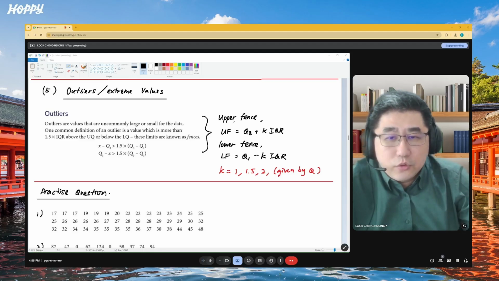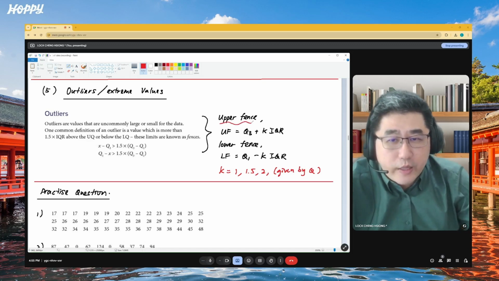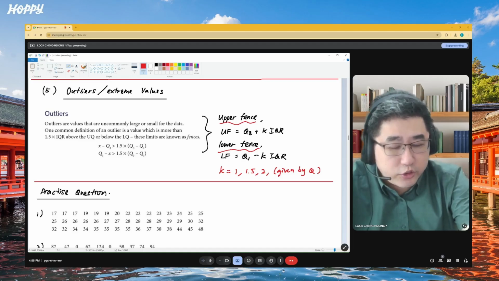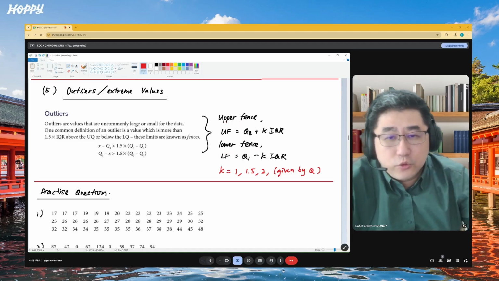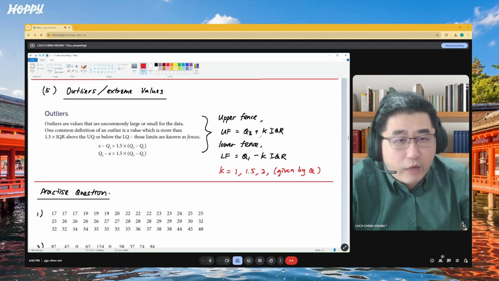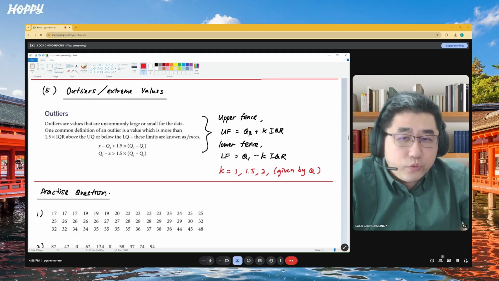We will need to calculate what we call the upper fence and the lower fence. The fence is actually a checkpoint to check whether there is any value outside of the fence or inside the fence. Upper fence is Q3 plus K times IQR.